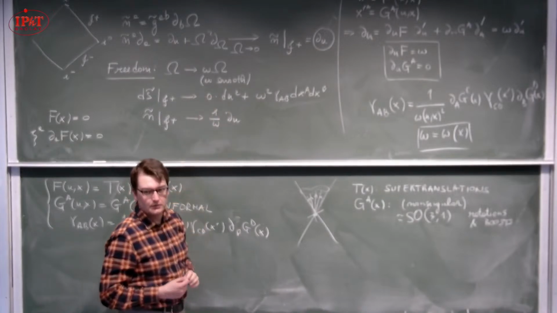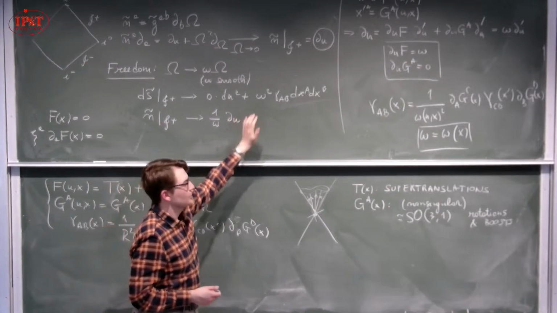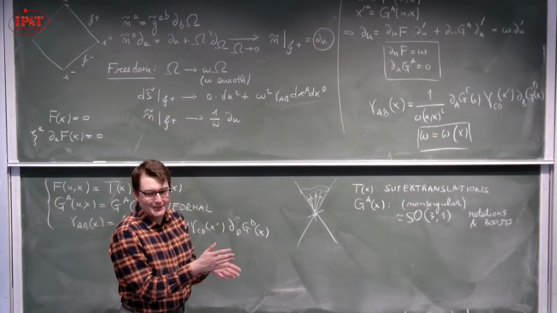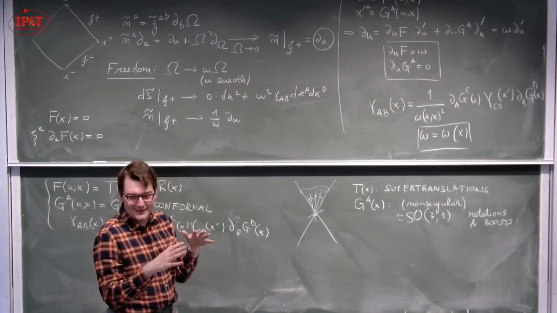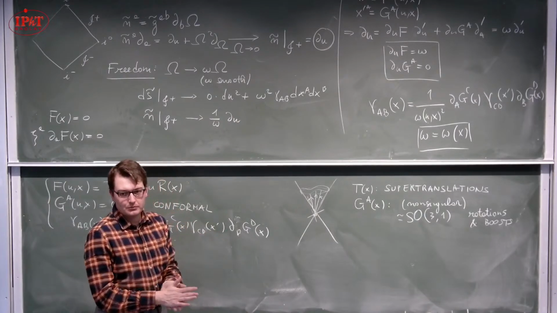So you're talking about general coordinate transformations which preserve this behavior at infinity. The behavior is implicit in the fact that U, theta and phi go to U prime, theta prime and phi prime. They are coordinates on the same surface, and the additional condition is that they preserve these two conditions.